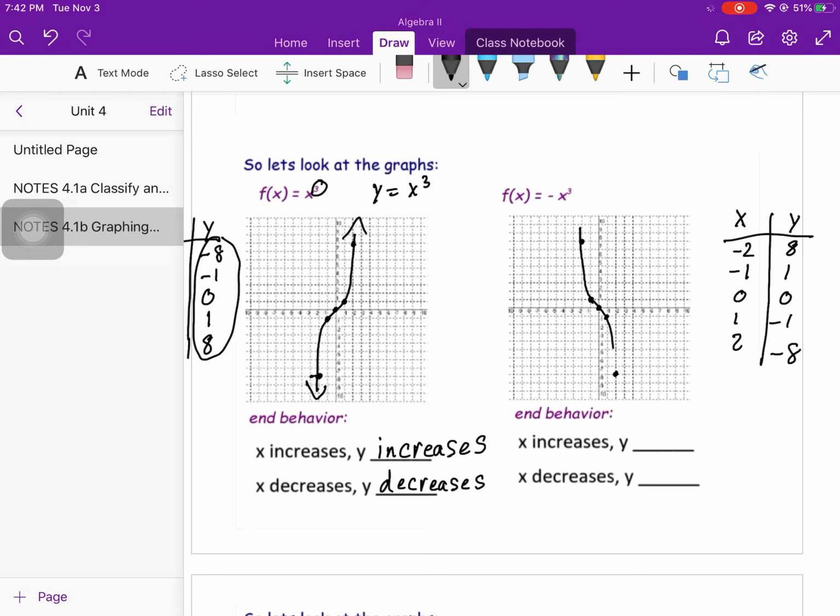I'm just graphing these values. Now I get the exact reverse of this. So now as I go to the left, y goes up. As my x values decrease, my y values increase. And as my x values increase, y decreases. So it's the exact opposite.